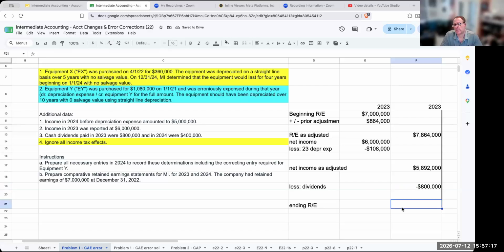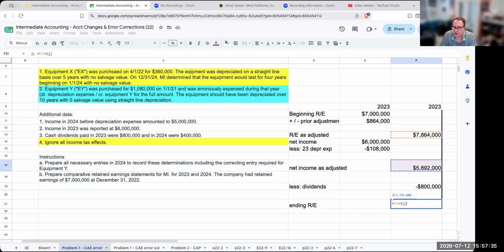My ending retained earnings is going to be my beginning retained earnings. Remember, we're ignoring tax effects. So I'm just going to punch that in as 864,000. It's increasing this by this amount. So my retained earnings as adjusted is right over here.